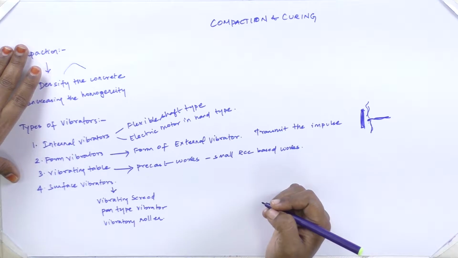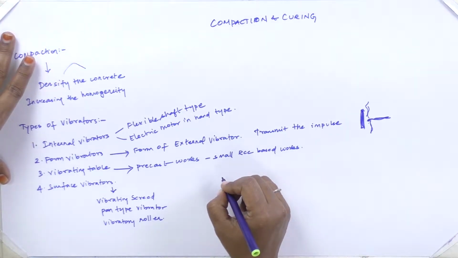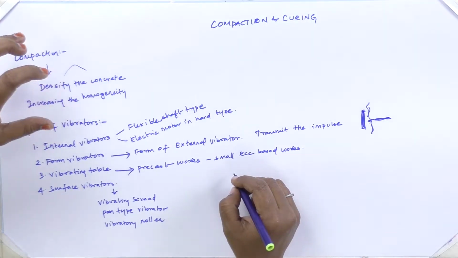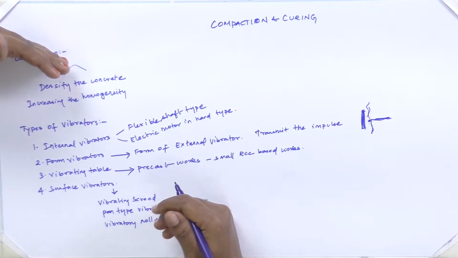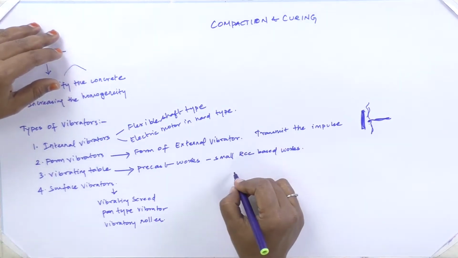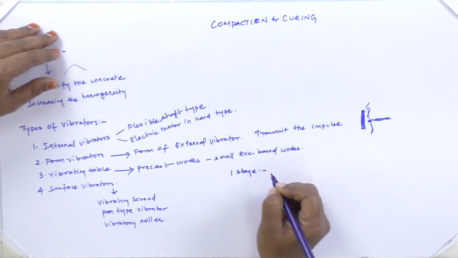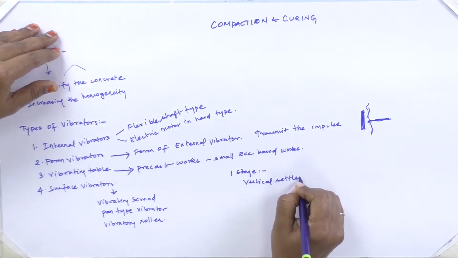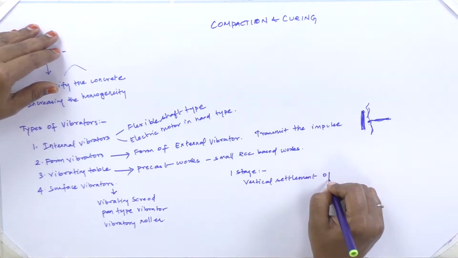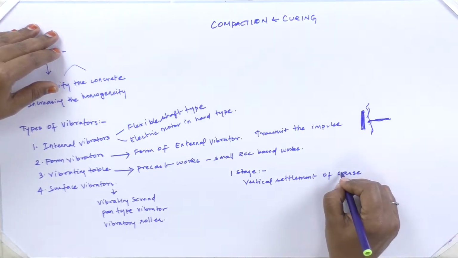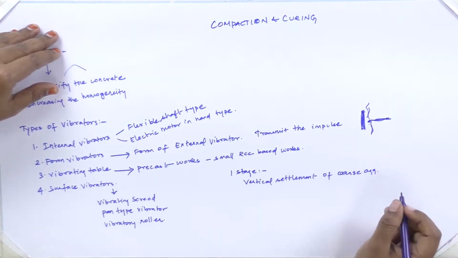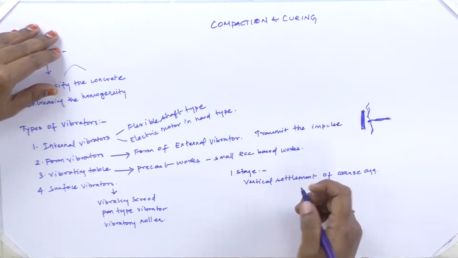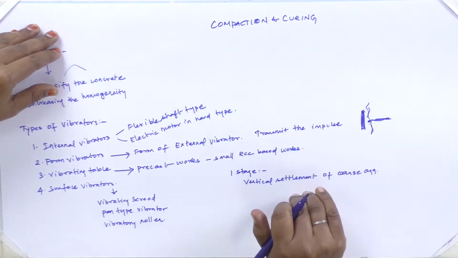And during this compaction process, two stages are involved. The first stage is the vertical settlement of coarse aggregate. First, when compaction is being done, the coarse aggregate will settle down.